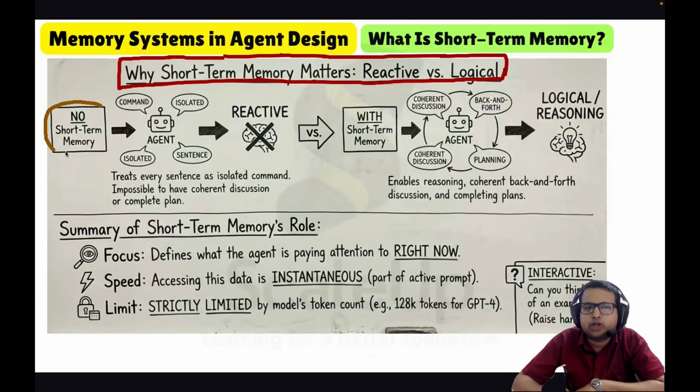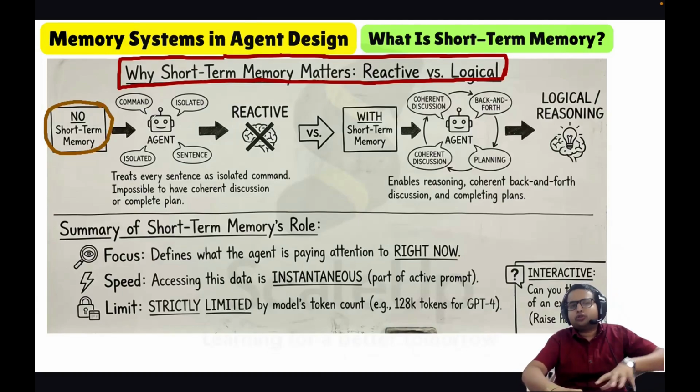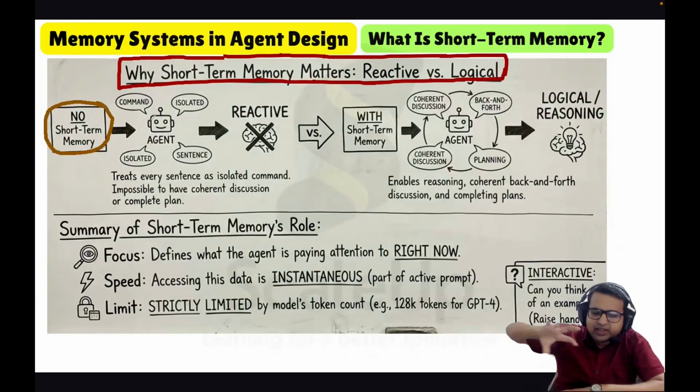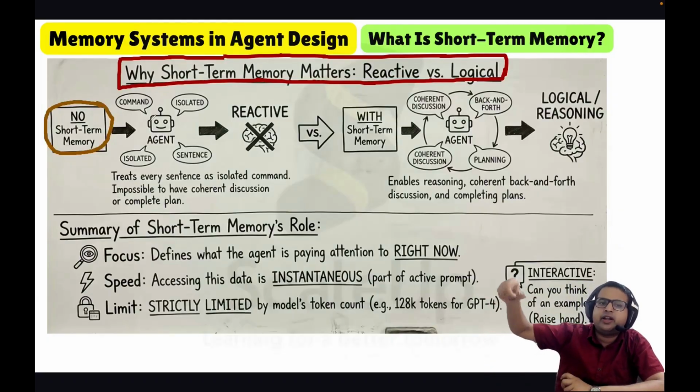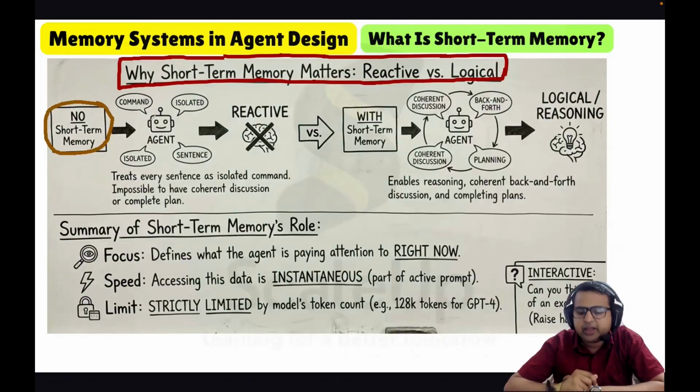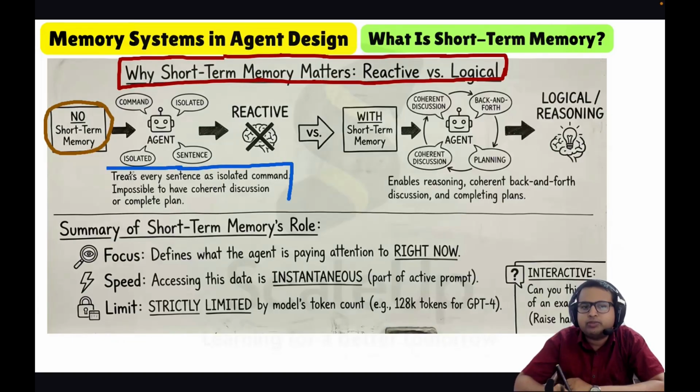If there is no short-term memory, the agentic AI system will treat every single sentence as an isolated command, making it impossible to have a coherent back and forth discussion or complete a plan.